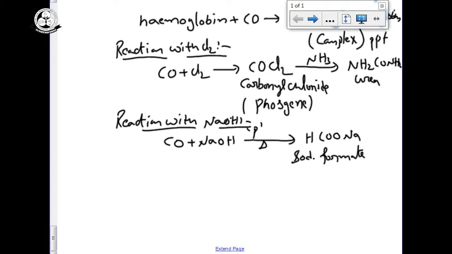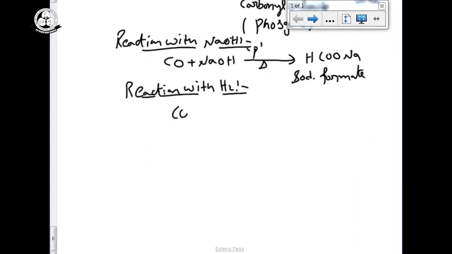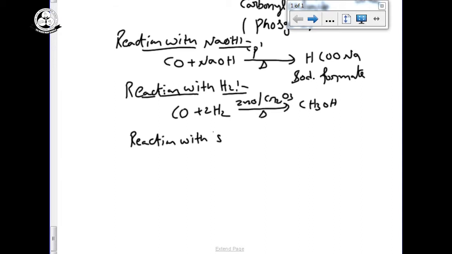Reaction with hydrogen. The mixture of carbon monoxide and hydrogen is called water gas, also called syngas, because we can synthesize methanol from it. Here zinc oxide or chromium oxide is used as a catalyst, and we can form methanol.